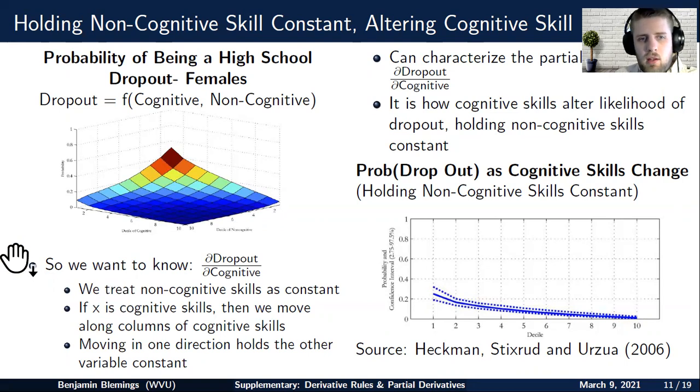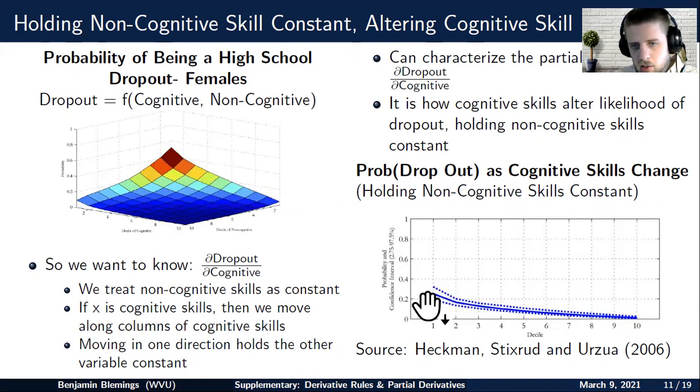So that would just be this axis, the cognitive skills. So d dropout, d cognitive is holding non-cognitive constant and saying, okay, as we increase or decrease our cognitive skills in kind of the same row, how does that affect our probability of dropping out?